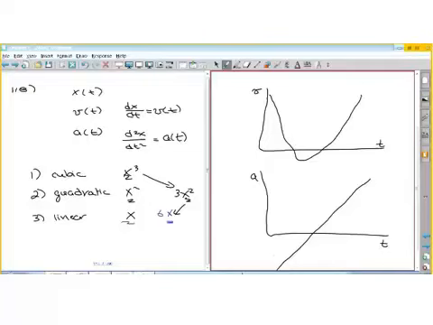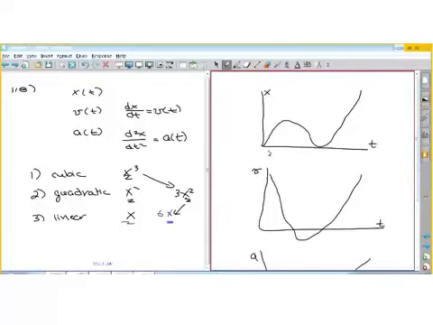Oh, what's the second question? Identify when this particle speeds up and when it slows down. Okay, so speeding up is when the velocity is increasing. And if you look at your velocity curve here, here it's slowing down, and then it goes through a minimum, and then it speeds up.